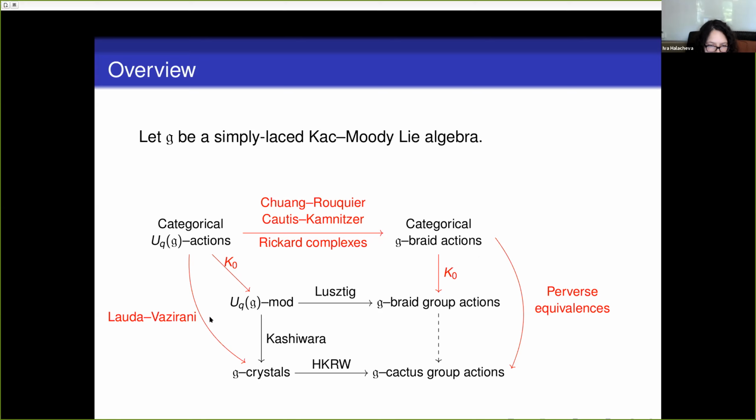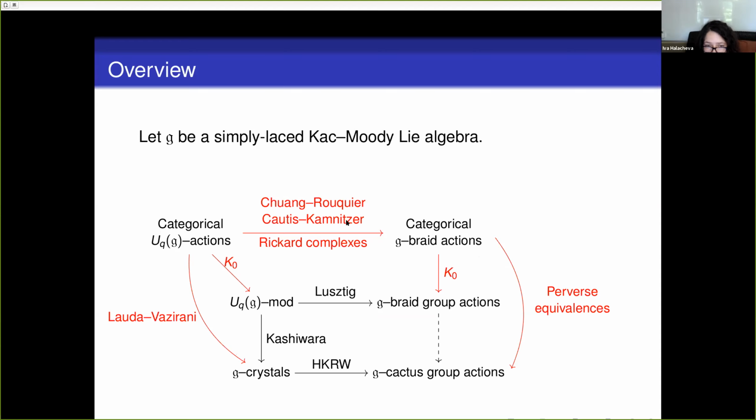Connecting this to the lower row, work of Lauda and Vazirani shows that also from a categorical quantum group action, you can get to a crystal for the Kac-Moody Lie algebra. So what we're interested in doing is studying a relation between categorical braid group actions and cactus group actions.